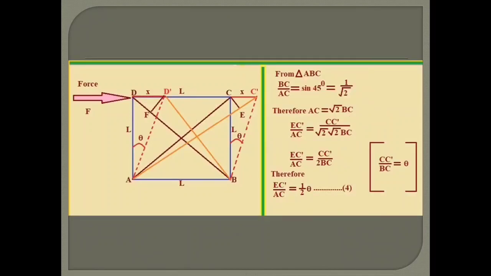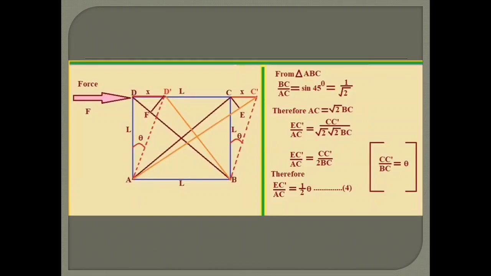From triangle ABC, you are observing in this diagram BC divided by AC is equal to sin 45 degrees, and sin 45 degrees is equal to 1 by root 2. So therefore, AC is equal to root 2 BC. EC dash divided by AC is equal to CC dash divided by root 2 into root 2 BC.